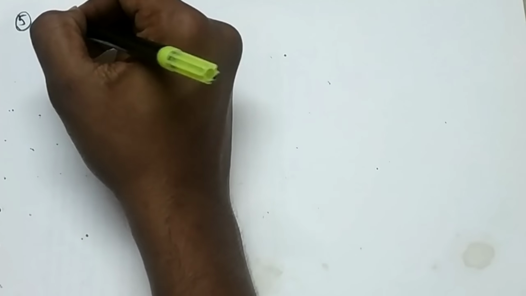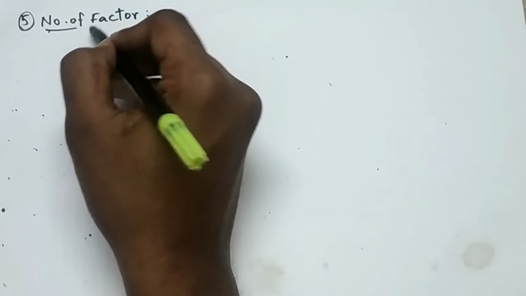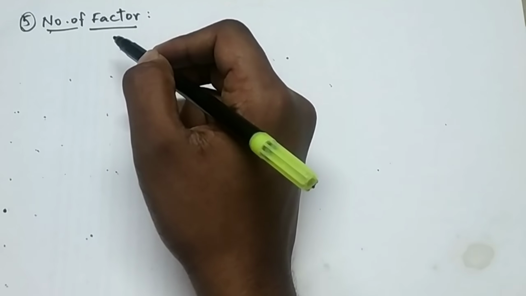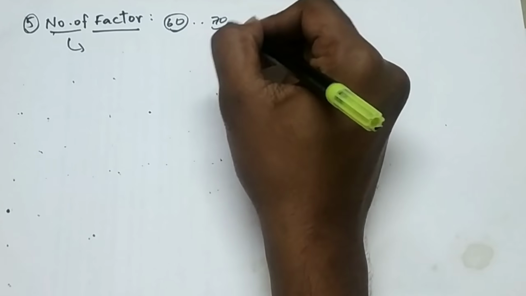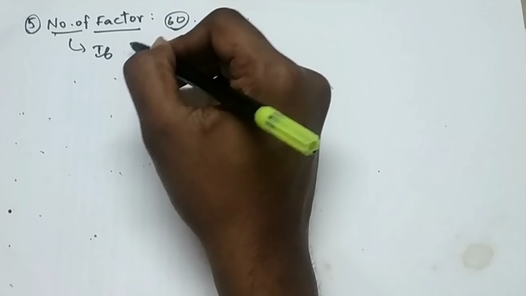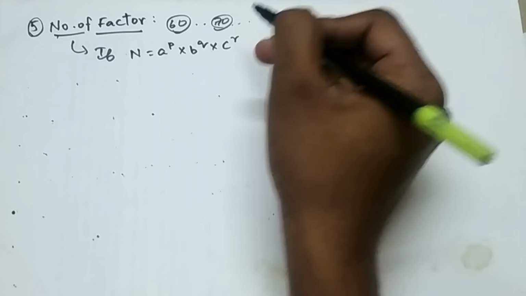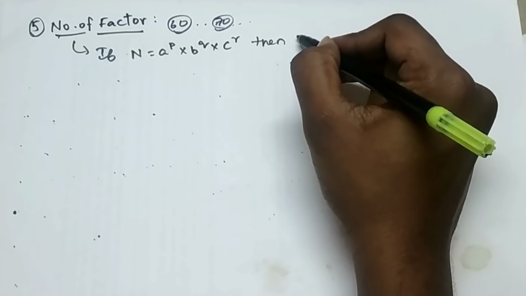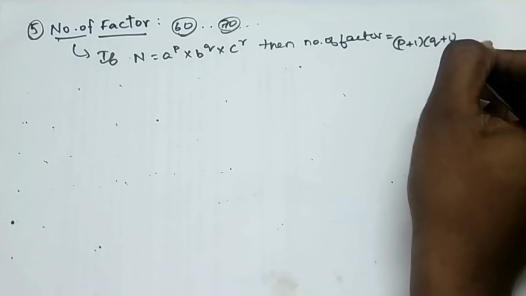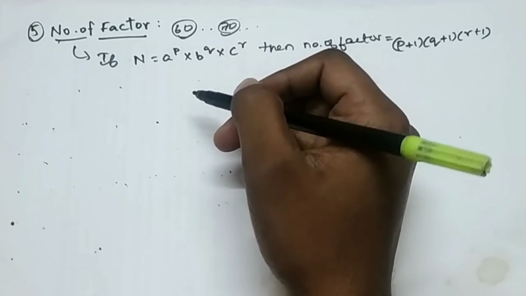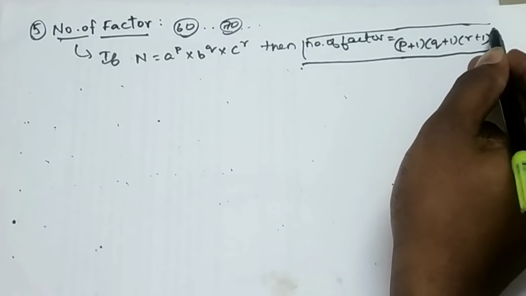So let us see the number of factors. How many factors are there in a given number? We're going to take 60 as an example. If n = a^p × b^q × c^r, then the number of factors will be (p + 1)(q + 1)(r + 1).